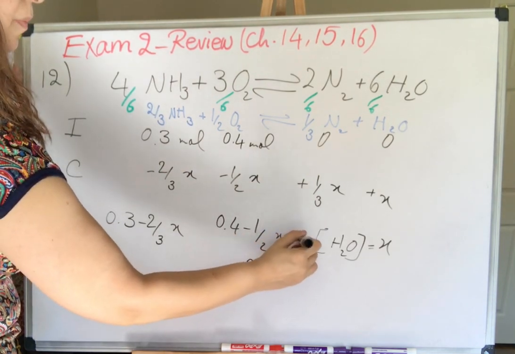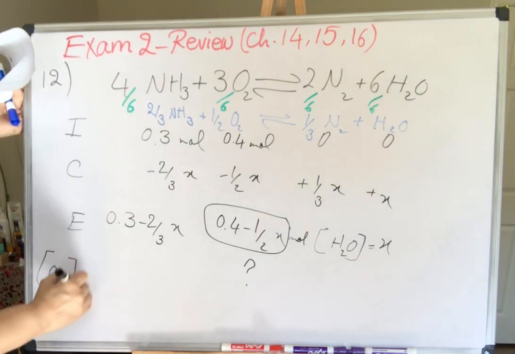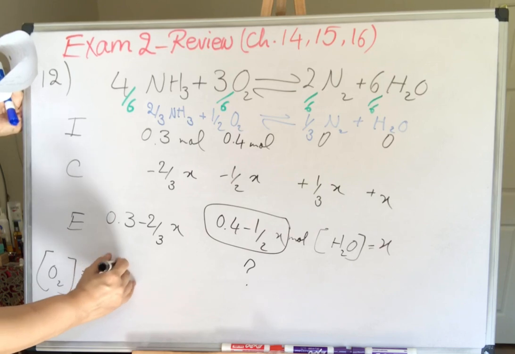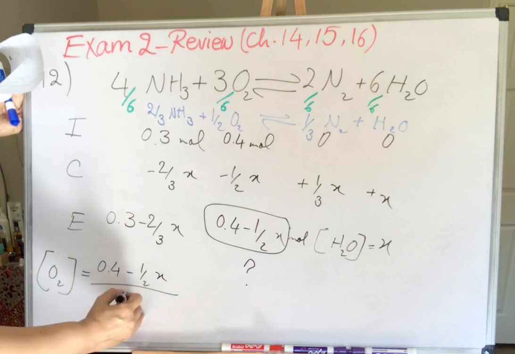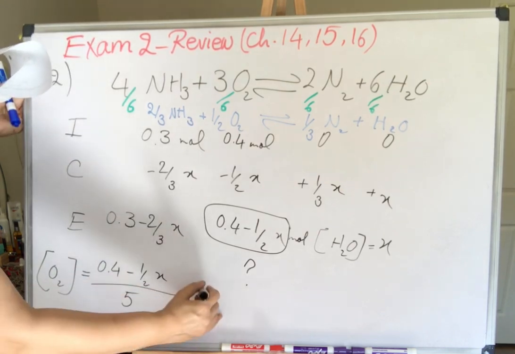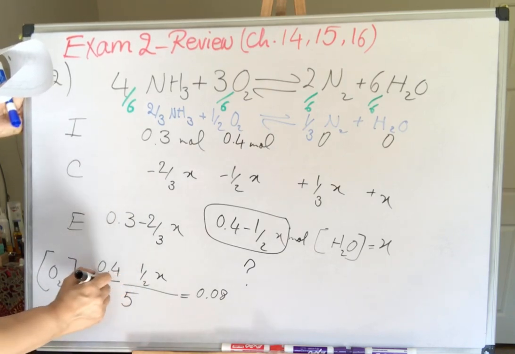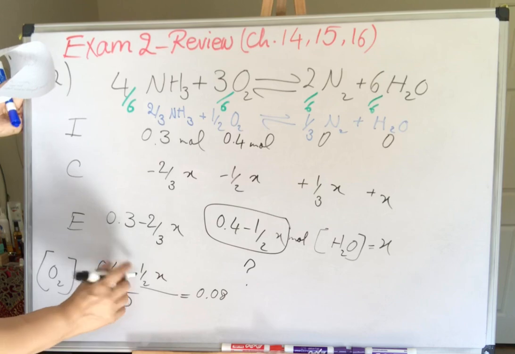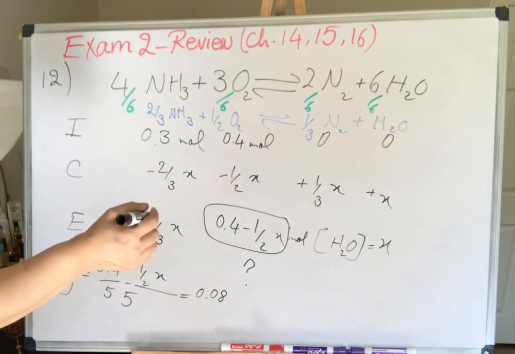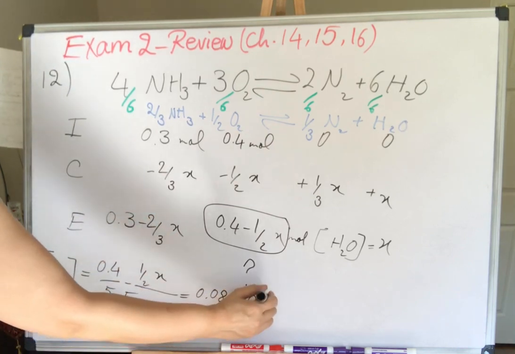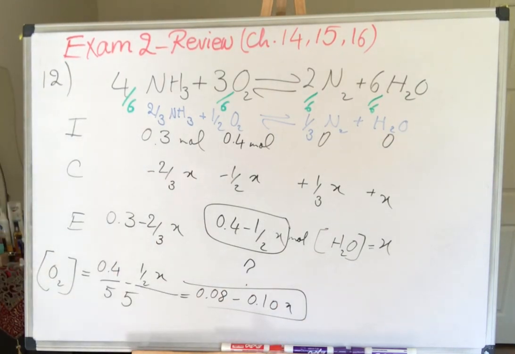We need the concentration, so we divide it by the volume, which is 5. So 0.4 divided by 5 gives you 0.08, and minus 1/2X divided by 5 is minus 0.1X. So you will have 0.08 minus 0.1X, which gives you C as the correct answer.